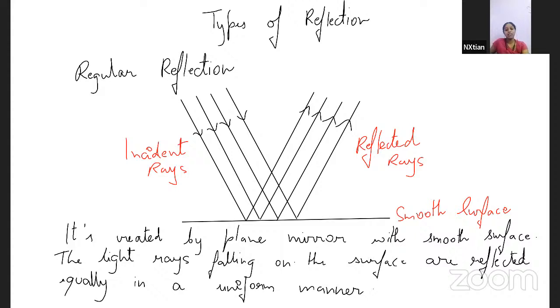The opposite is irregular reflection, where the rays do not get reflected in a uniform, equal way, but in a more diffused way. The reflected rays will be more diffuse. They will not be uniform like here. We'll draw its diagram and we'll see.